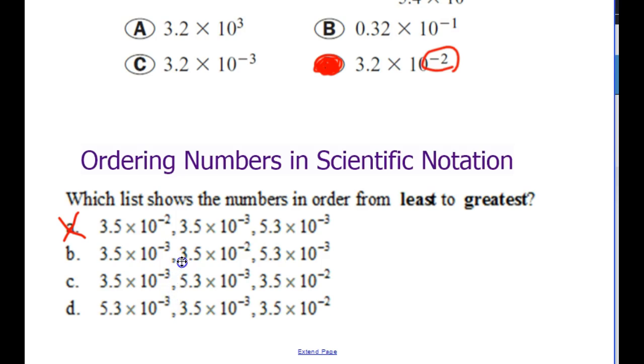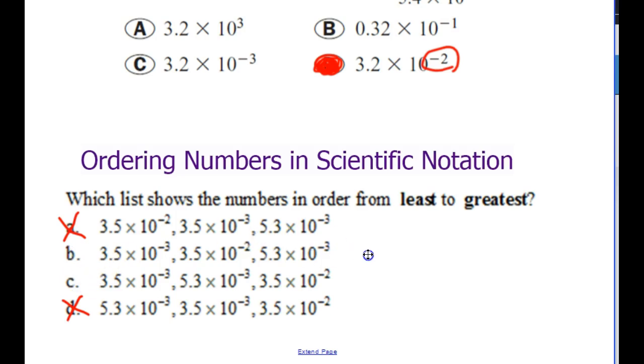Now if we're going up from least to greatest, we know that our least one is going to be a 3.5 because 5.3 is bigger than any of those. So we know that it's going to be either B or C.